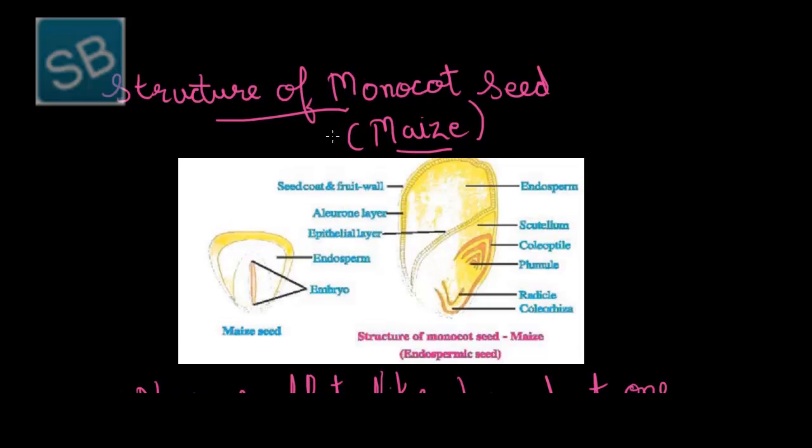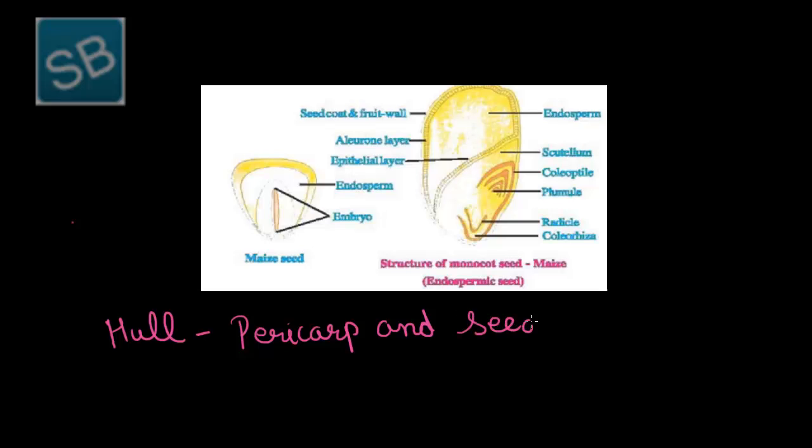As it can be seen from the figure, the structure of maize can be understood on the basis of its longitudinal section. The outermost portion, which is called hull, is formed by the fusion of pericarp and seed coat. Pericarp here means fruit wall.